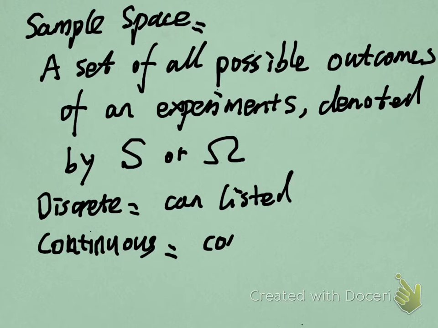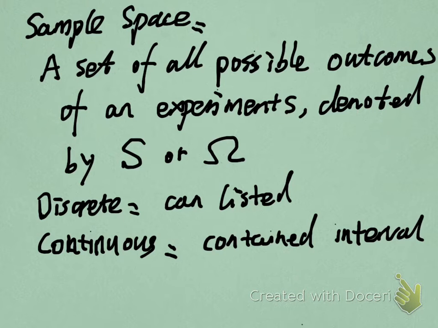contained in an interval. So these are some examples. For example, if we talk about stock price, we can say one stock price is between $0 and $1,000.